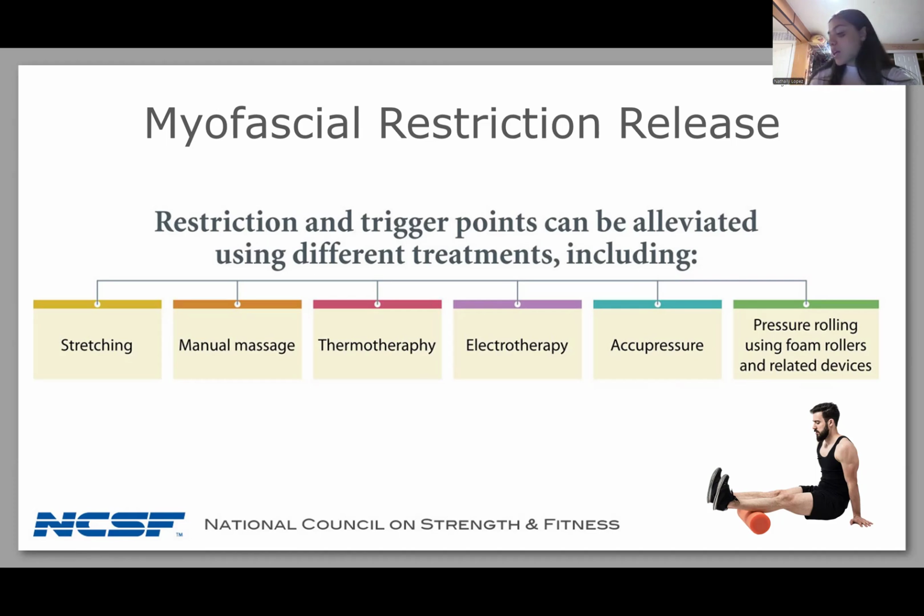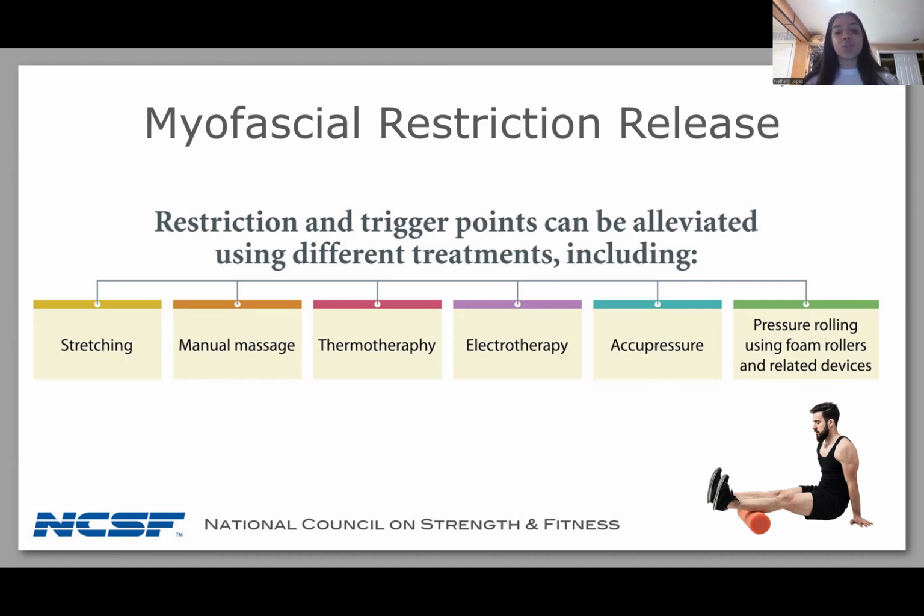You guys may have seen a hydrocollator, which is that big machine with really, really hot water, and there's clay pads inside there. You put them in between these really thick towels and you use that as a hot compress. That can help with any type of myofascial restrictions as well without actually getting anything manual in there.